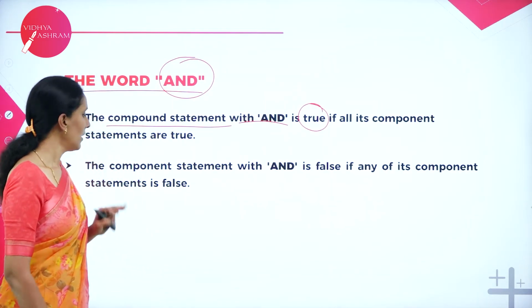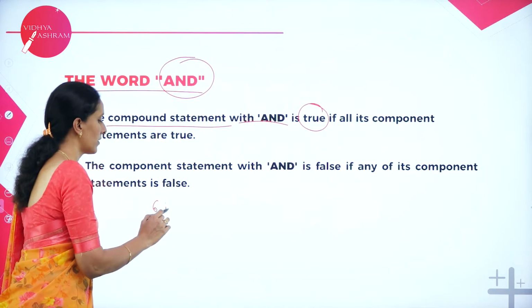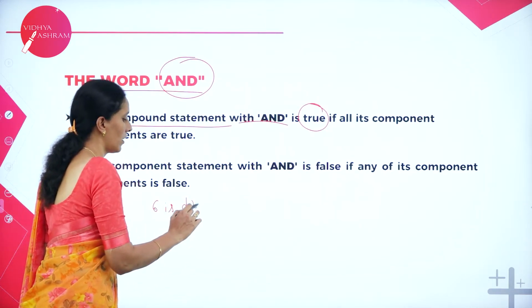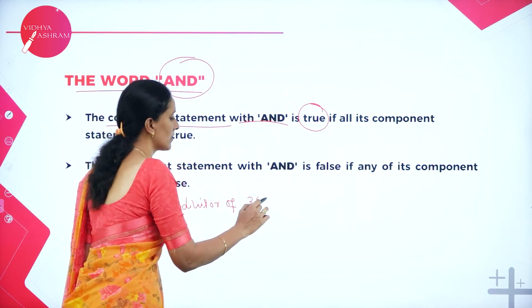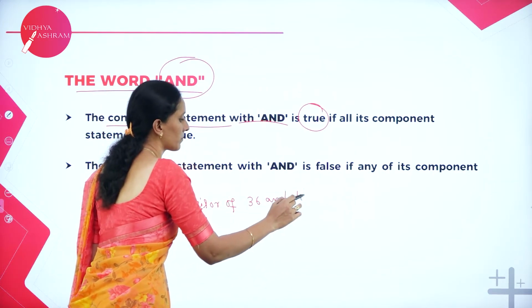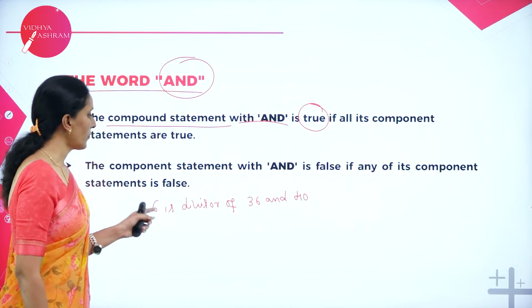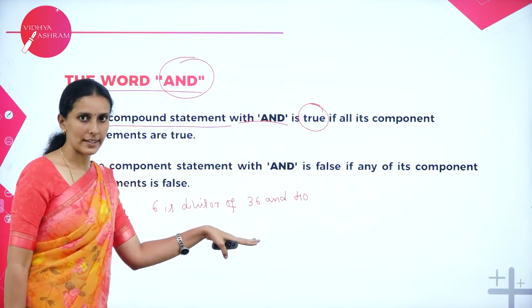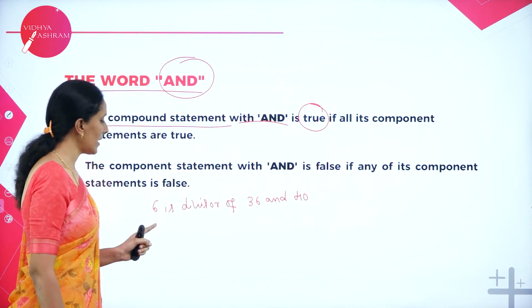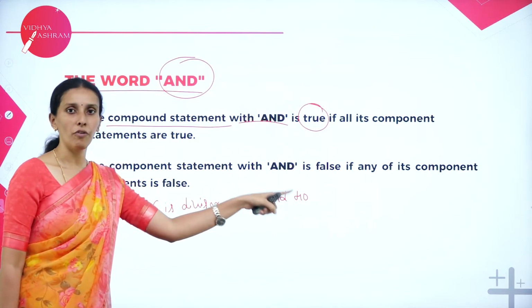So for example, if I say 6 is a divisor of 36 and 40, we can write the statement as 6 is a divisor of 36 as one statement. The second statement is 6 is a divisor of 40.